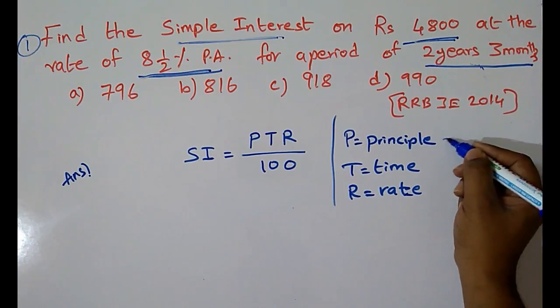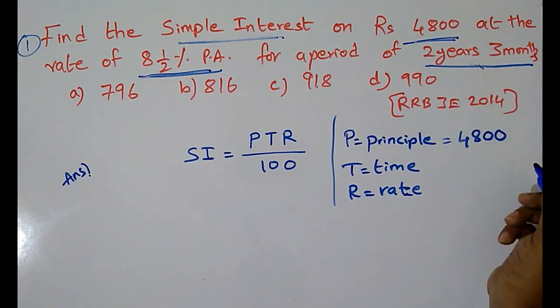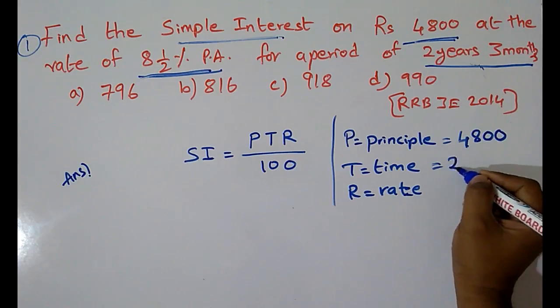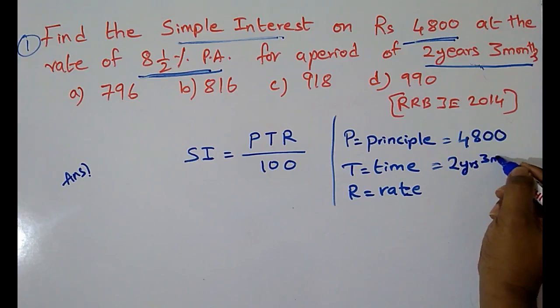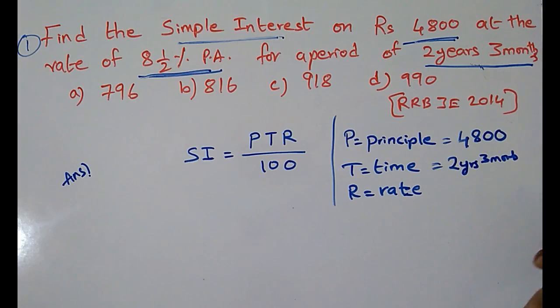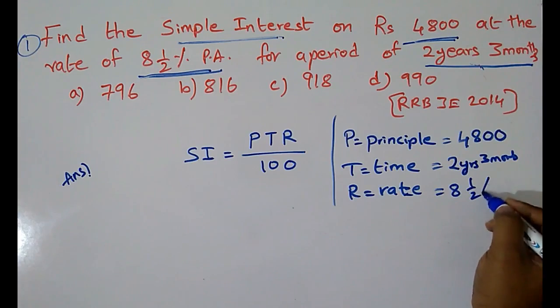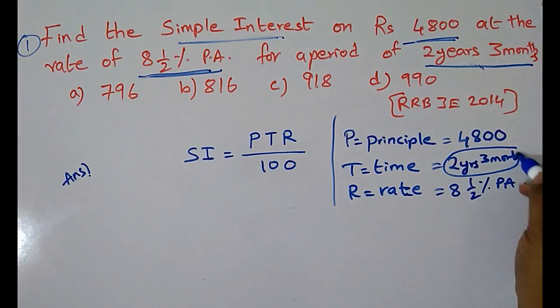In the question, the principal is given as 4,800 and the time is 2 years 3 months, and the rate is 8.5% per annum. So we are going to convert this time and rate.